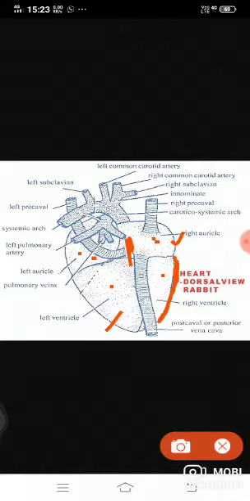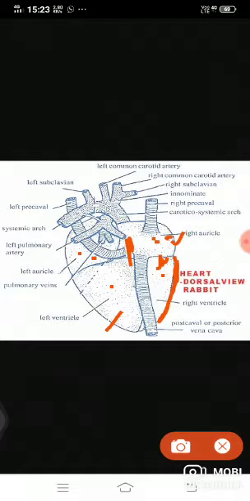The right auricle opens into the right ventricle by the right auriculoventricular aperture.